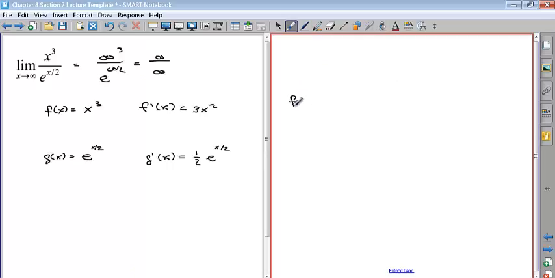So if we take the second derivative of f of x, we'll get 6x. And the second derivative of the next one, same thing happens. When we take the derivative again, we'll get another factor of 2 in there. So it'll be 1/4 e to the x over 2. And then the third derivative is just 6.